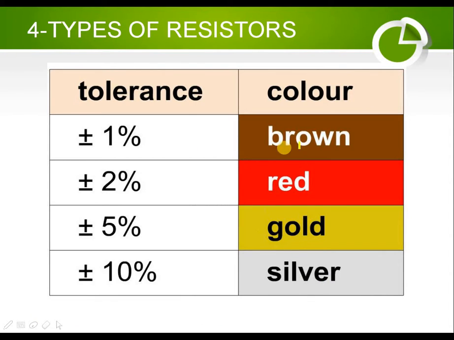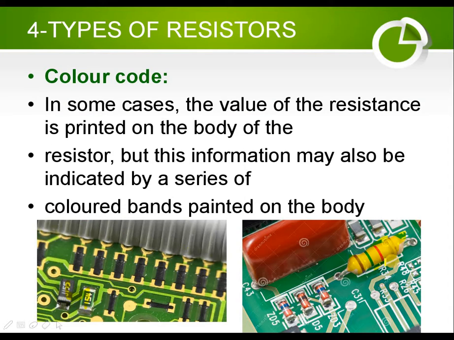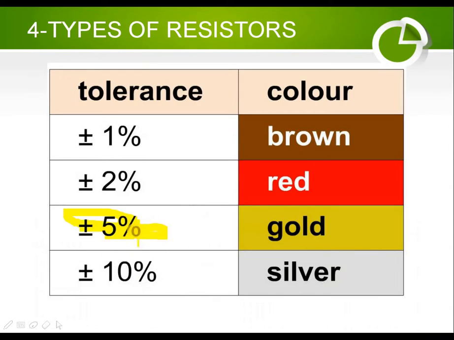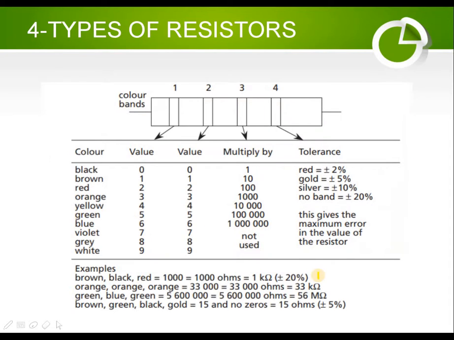Gold means 5% tolerance. For example, if this resistance is 10,000 ohm, then it has a 5% fluctuation plus or minus. If it was brown, then there is a different tolerance value, and for red and silver as well. And these are the types of the resistance.